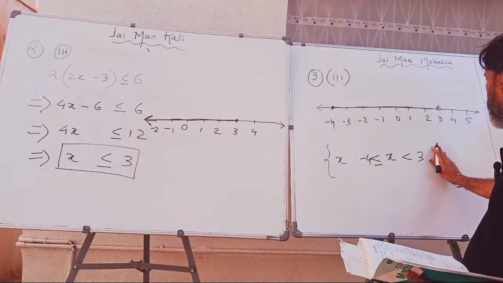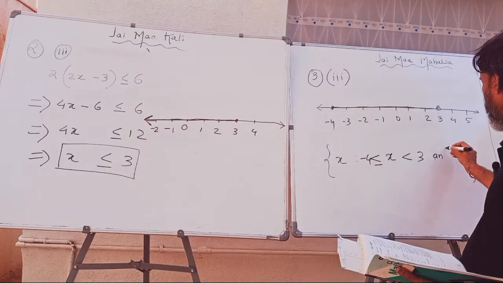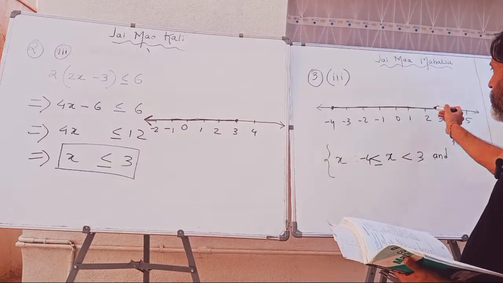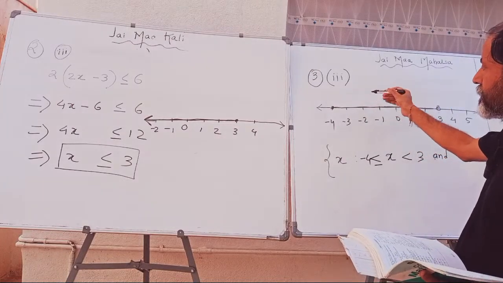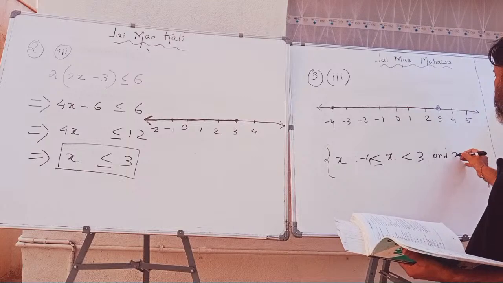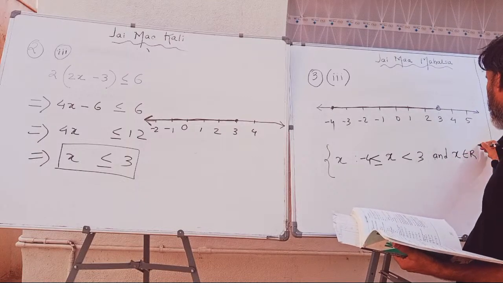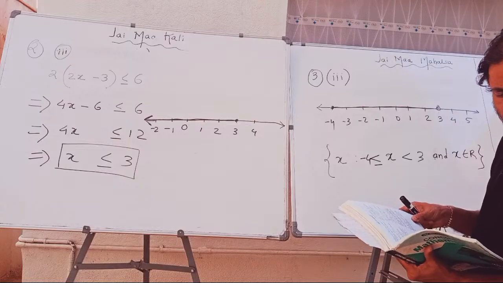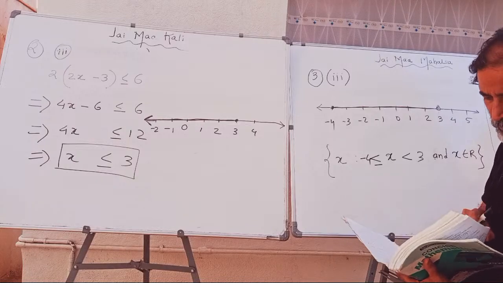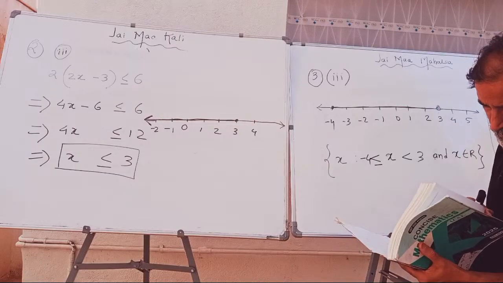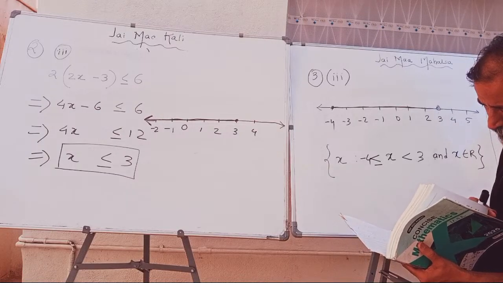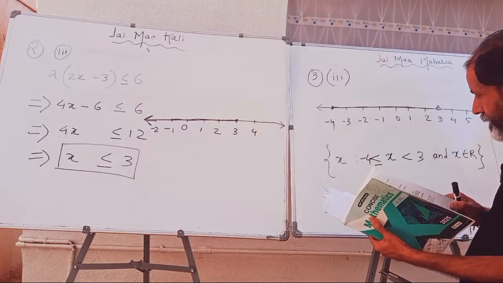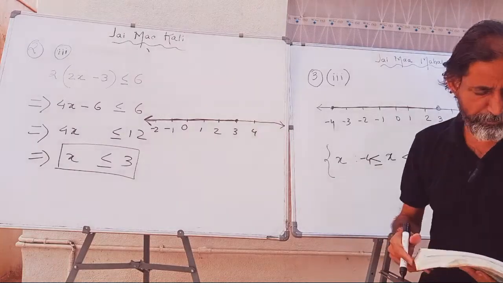It's a bold line, which means all the non-integer values are also included, and x is a real number. Hopefully that is correct. Please check the answer at the back. It is 3.3. Yeah, correct. So that is what we have.